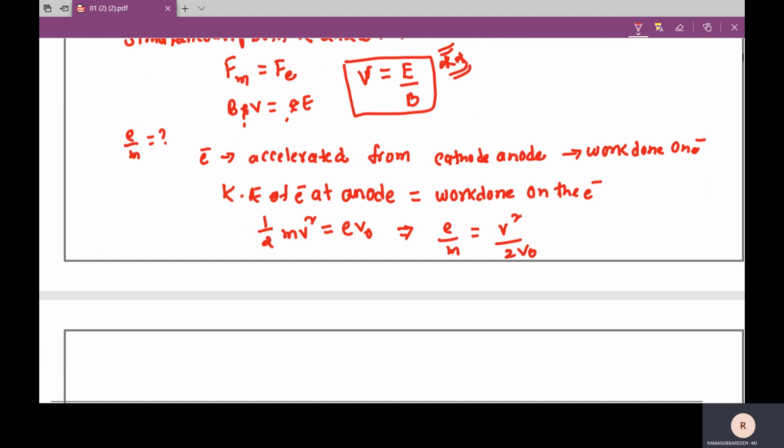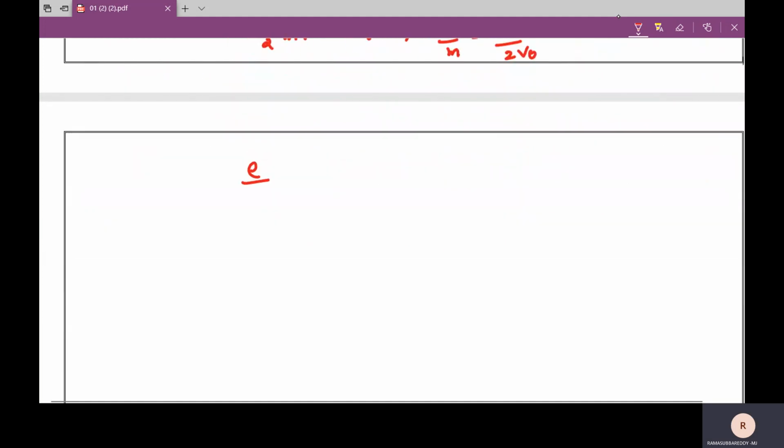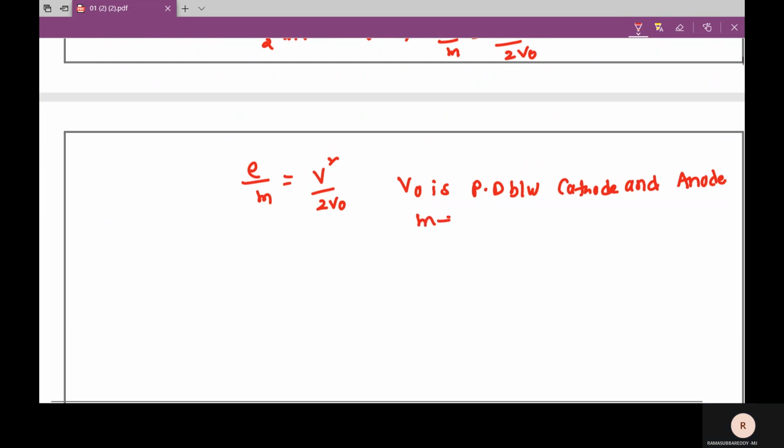Now, we have e by m is equal to v square by 2 V naught, where V naught is the potential difference between cathode and anode, m is the mass of the electron, e is the charge of the electron, and v is the velocity of the electron.